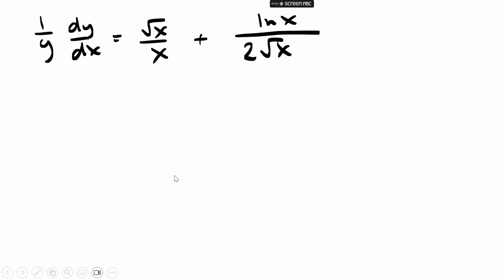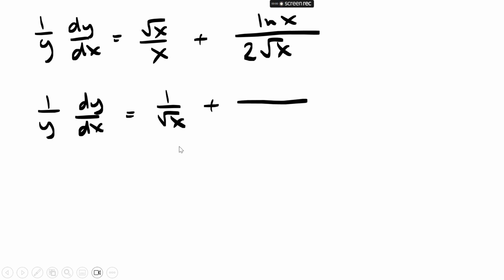No, you don't. But we do have to do one thing here. Notice this guy here. This is x to the 1/2, and this is x to the 1. So if I subtract x to the 1/2 and x to the 1, that'd be a half minus a 1 makes a negative 1/2. So really what happens here, there's a square root of x in the bottom here. 1 over x and 2 ln of x.